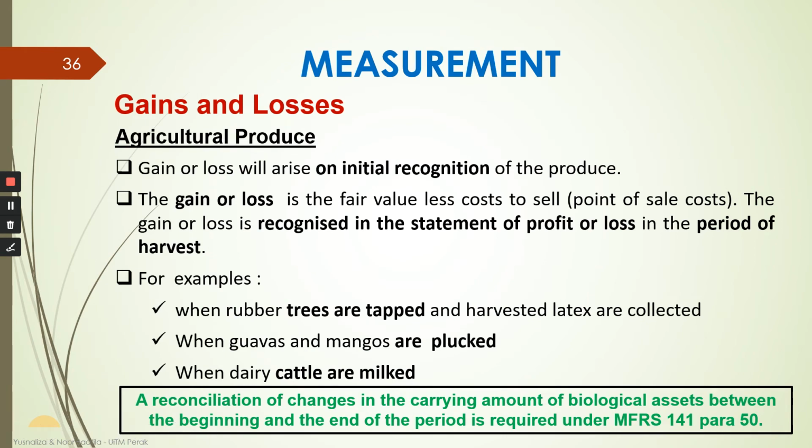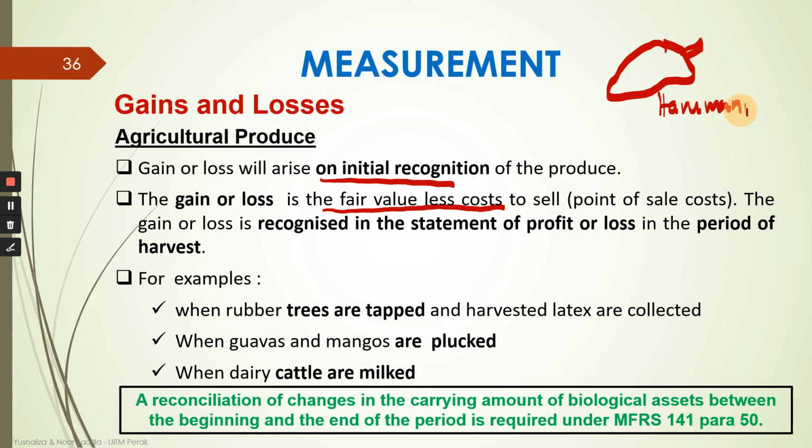So gain or loss for agricultural produce may also arise on initial recognition. The same thing, it is also measured at fair value less cost to sell. Let's say we talk about a mango, and let's say this is harum manis. Roughly, we know that for 3 kilo, the market price is around 100, right?